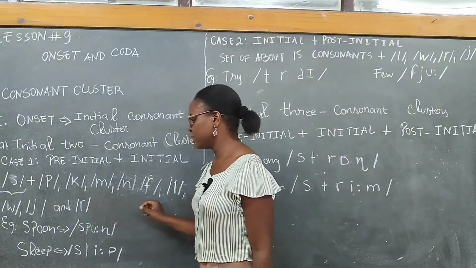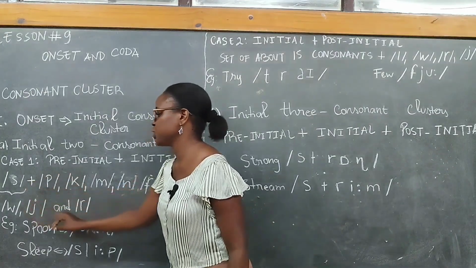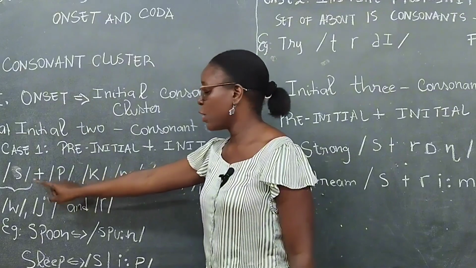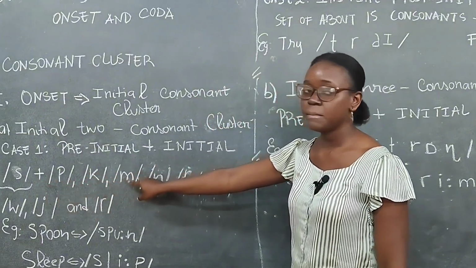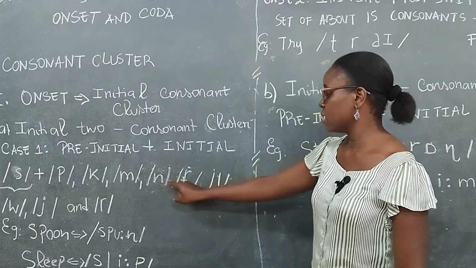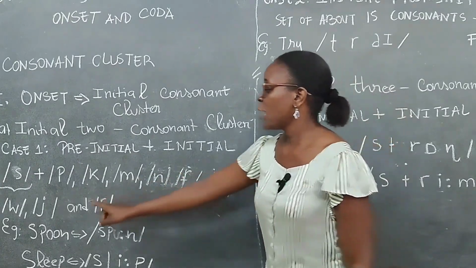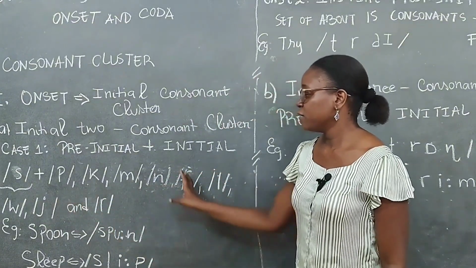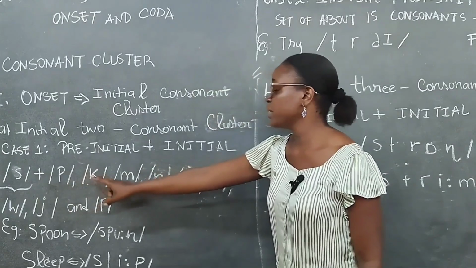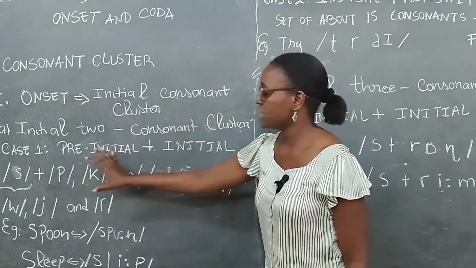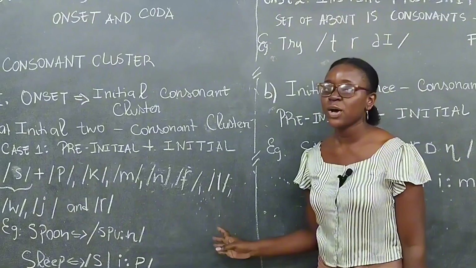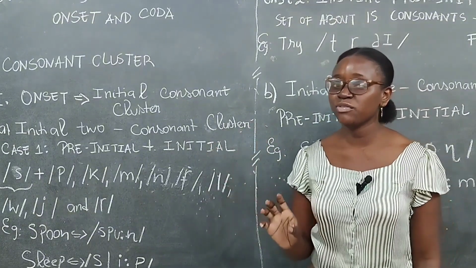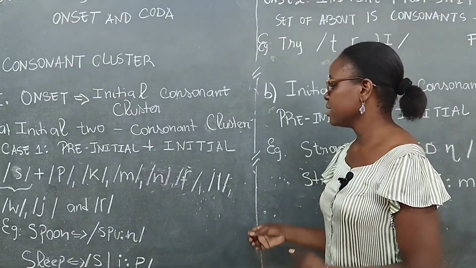If you look carefully on the board, we have this combination where we combine the S sound with P or K or even M or N, F, L, W, Y, or finally R. If you combine S with any of the consonants that you can see in this set, we have a case of initial 2 consonant clusters where we find a pre-initial and an initial.